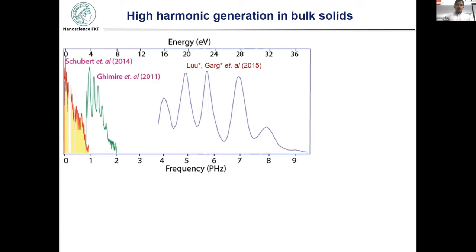Then came the work from the group of Professor Rupert Huber, where they shot intense terahertz pulses into a gallium selenide crystal, and reported the formation of high harmonics all the way from the terahertz domain to the visible domain.